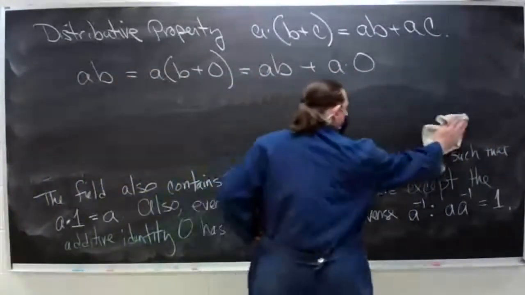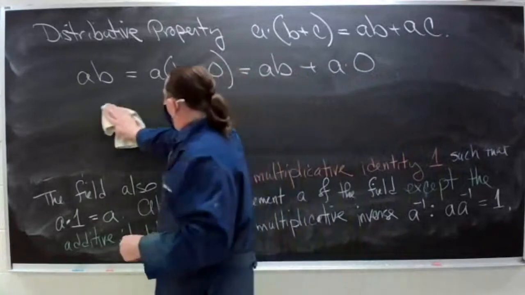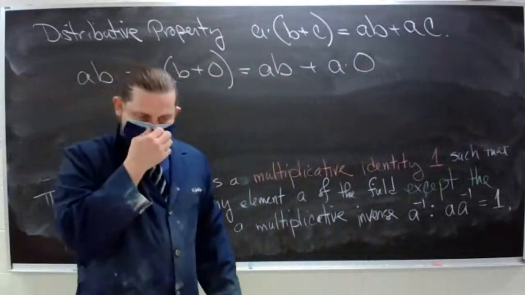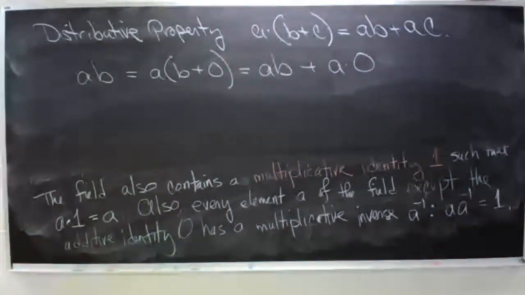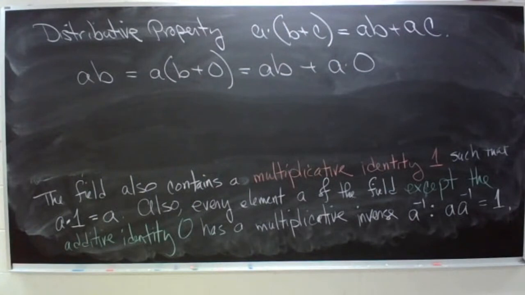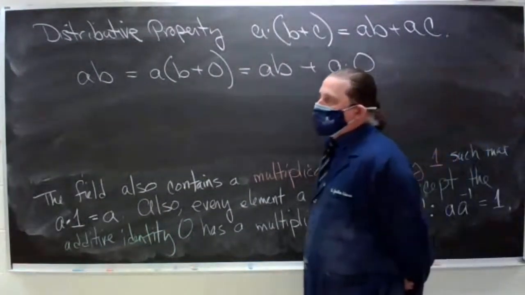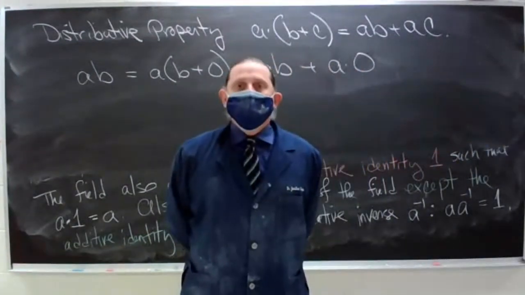So AB is an element of the field, and that's because A and B are elements of the field, and the field is closed under multiplication. Now, unlike the multiplicative inverse, the additive inverse has no limitations.